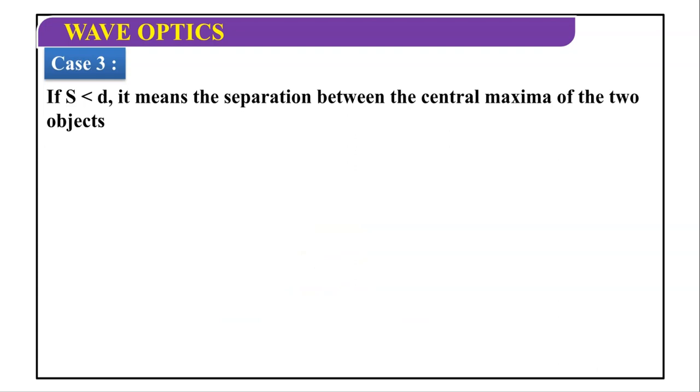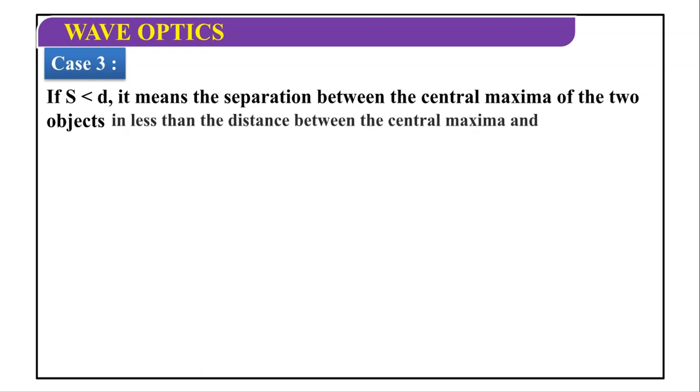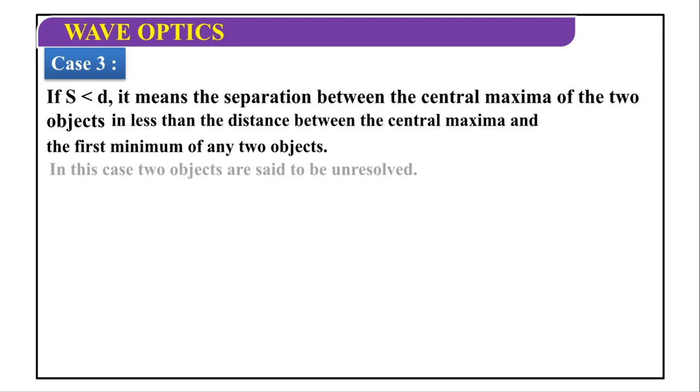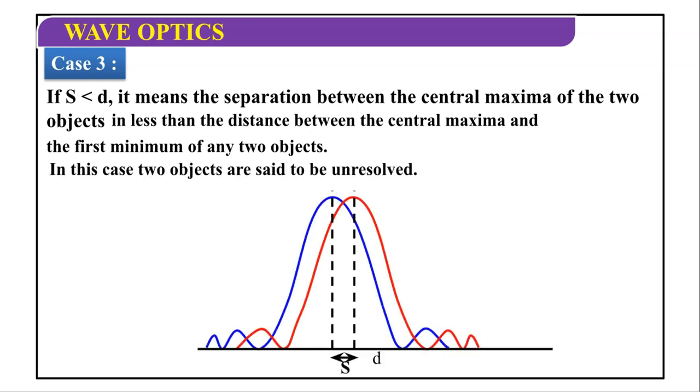But if S is less than D, it means the separation between the central maxima of the two objects is less than the distance between the central maxima and the first minimum of either object. In this case, the two objects are just unresolved. We can't separate these two things.